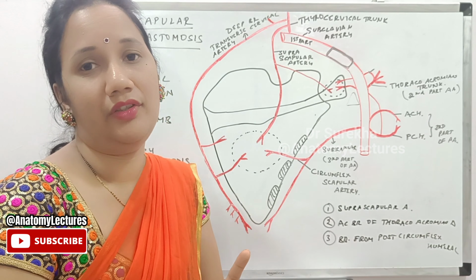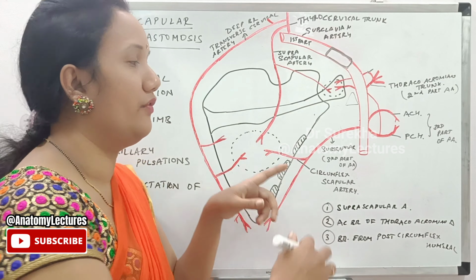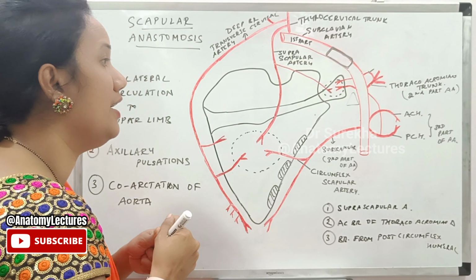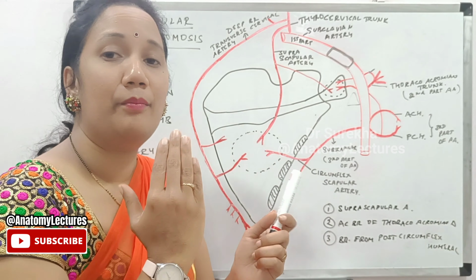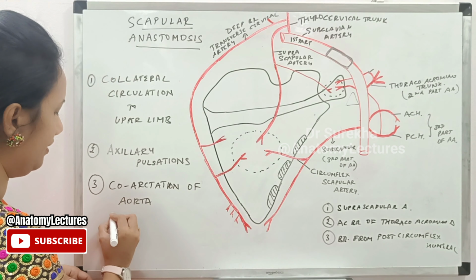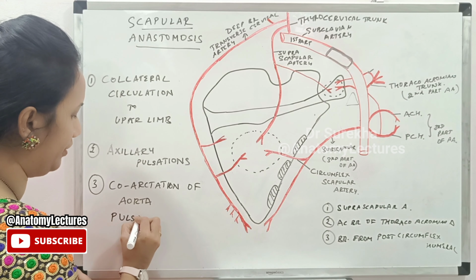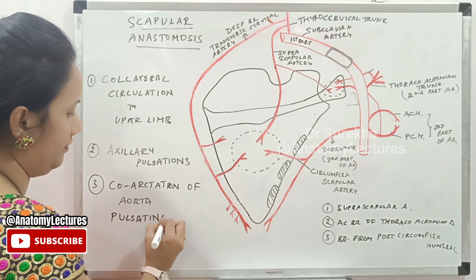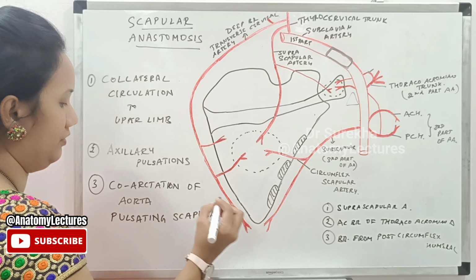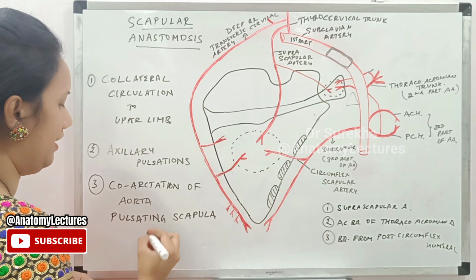So at that point of time, when there is increased blood flow through all these vessels of the scapular anastomosis, you see that the scapula becomes pulsatile. So you see a pulsating scapula because of the increased blood flow, okay, blood flow through all these vessels.